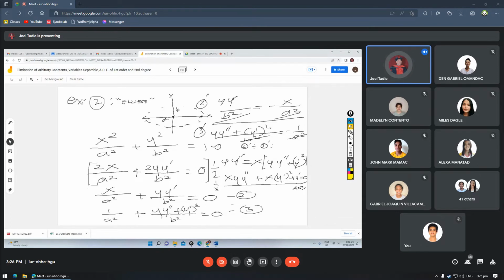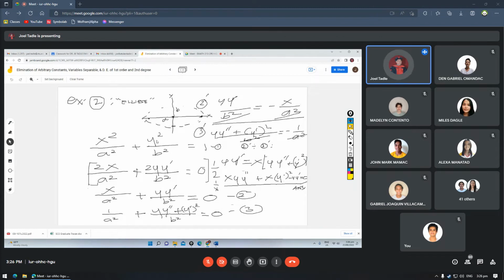Then, plus, for the second term, we again use the power formula. So 2y y prime. In the formula, this is the derivative of u. It is better to use u because it is less confusing; if we use x, we differentiate with respect to x. So our u here is y.